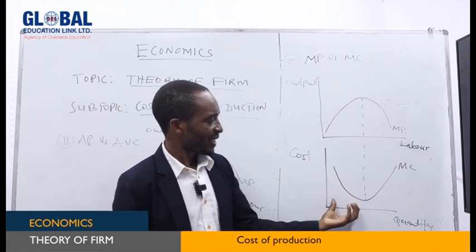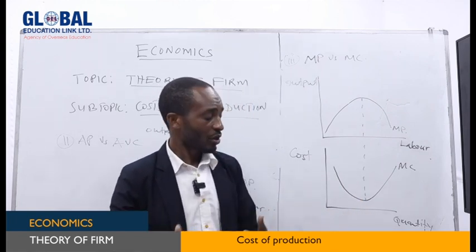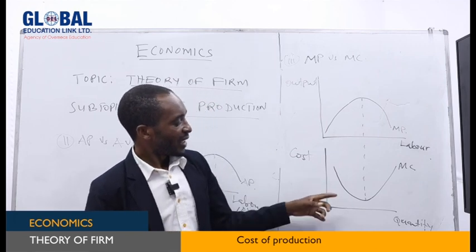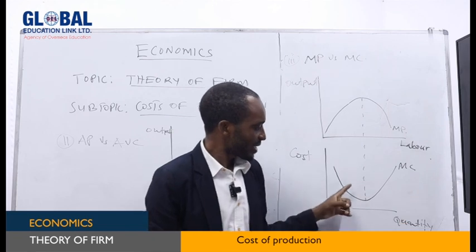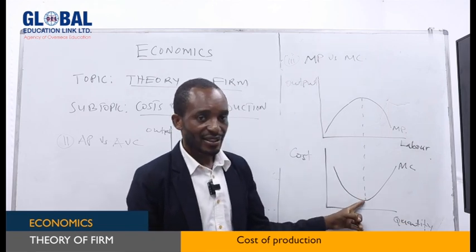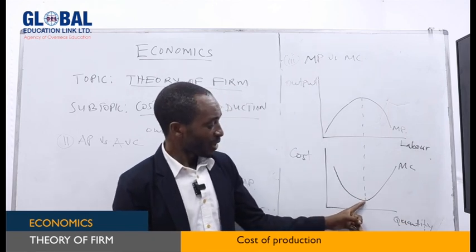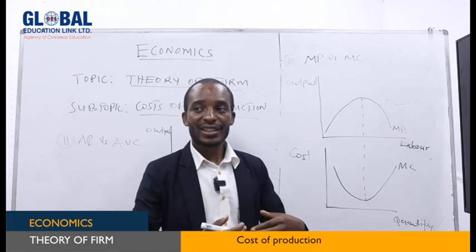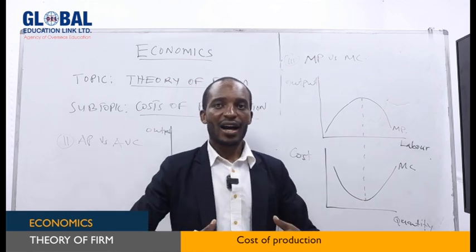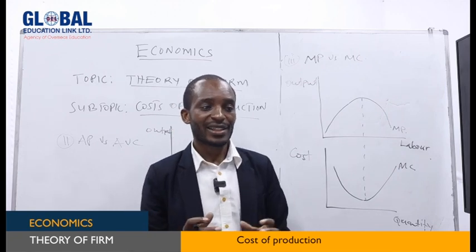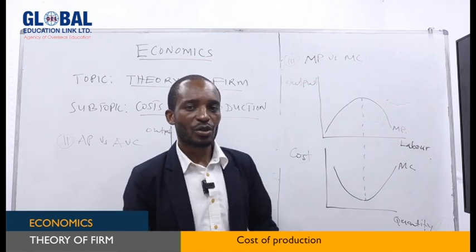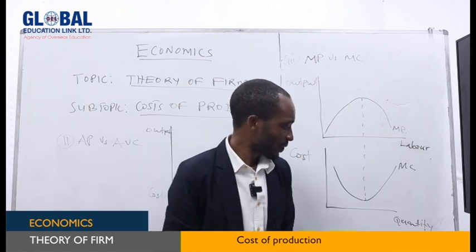So as a businessman or owner of a business, it is advantageous to increase the output since the cost is declining. And at this point, when the cost is at a minimum, you are getting maybe high profit, you are minimizing cost, or we can say you are maximizing profit.